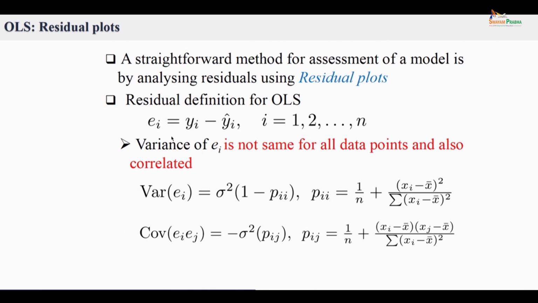Having derived this, notice that even if we do not have a priori knowledge of sigma squared, which is the variance of error in the measurements, we can estimate this quantity. We have already seen this in the previous lecture. We can replace it by SSE divided by n minus 2, which is an estimate of sigma squared, and substitute this to get an estimated variance of each residual.